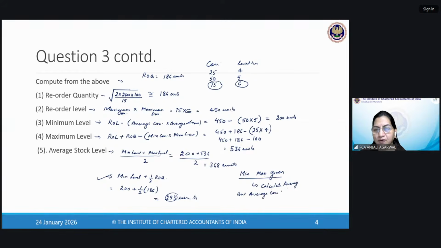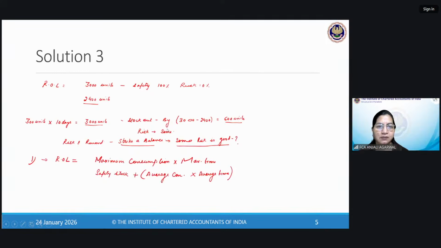If average consumption or lead time is given, use that. And if sometimes in the question the maximum information is missing or the minimum is missing, you will use the average as an alternative. You will not calculate the maximum or minimum using average consumption. Okay, I hope it is clear.